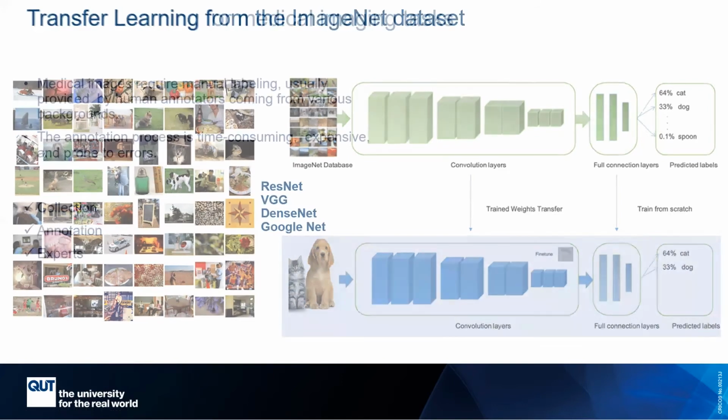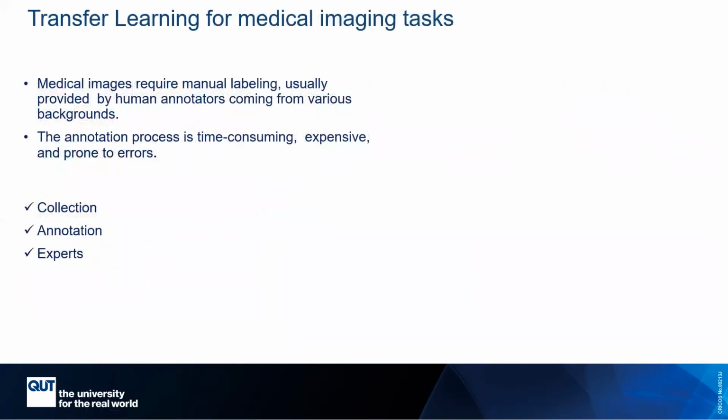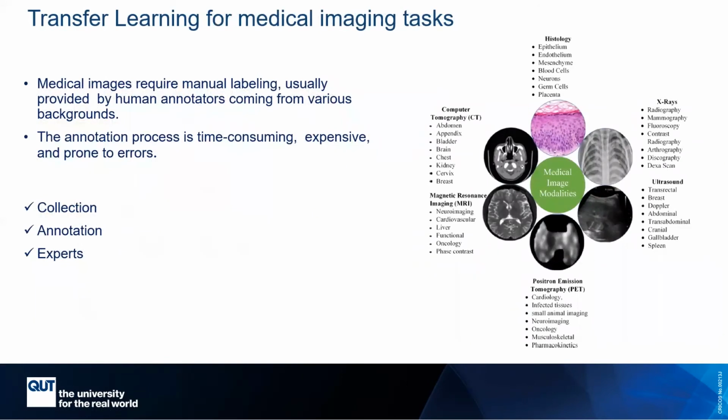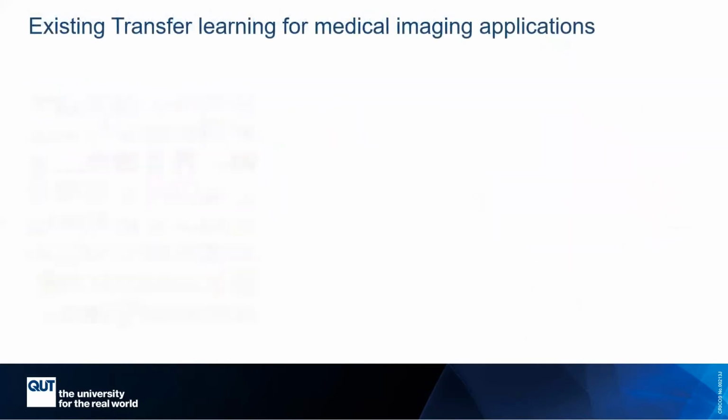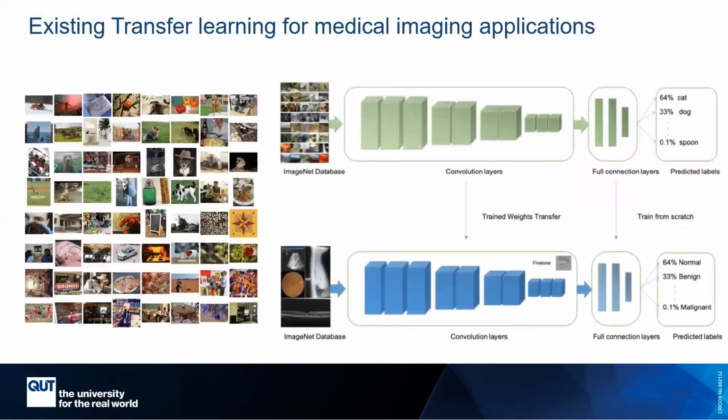With medical images, again, we mentioned that these medical images require expert collection and annotation. So people started to use the same concept for medical images, like using ImageNet to improve the performance of medical images and deal with the lack of training data.